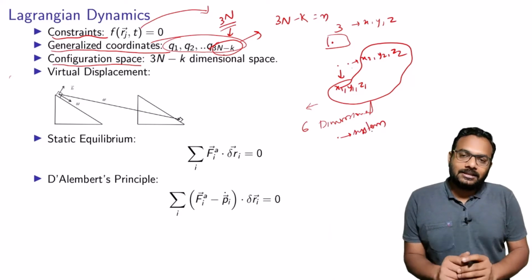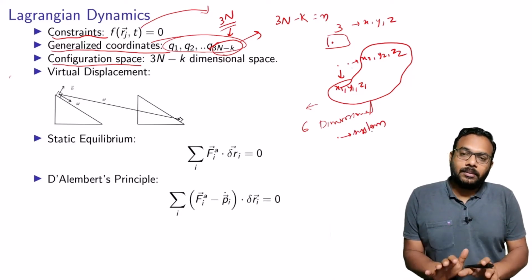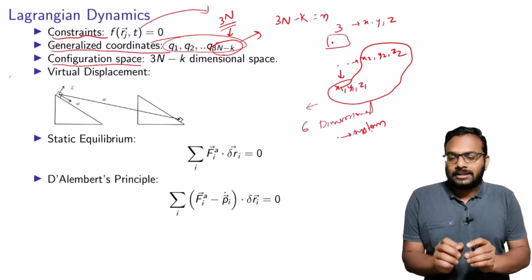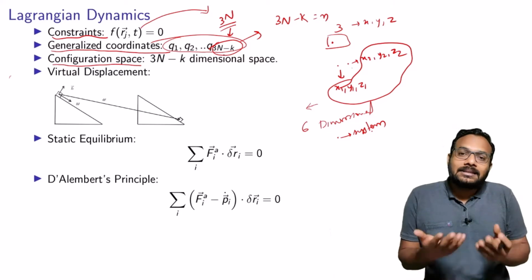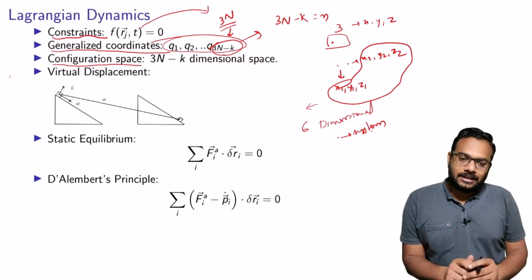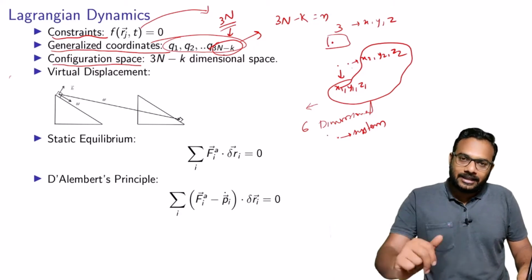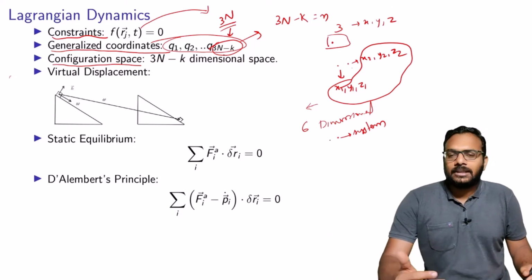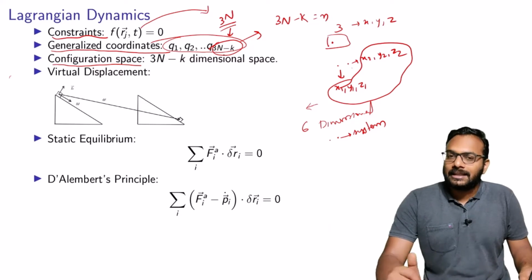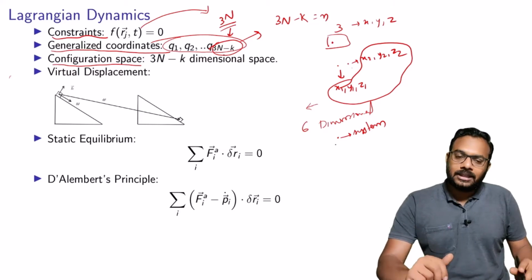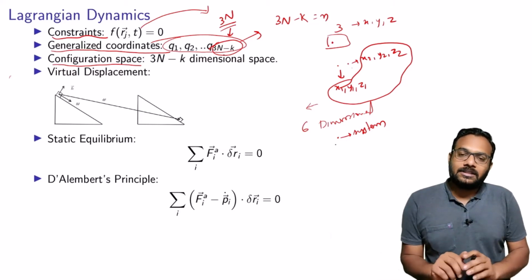Each point in this configuration space corresponds to a particular configuration of the entire n particle system. So each point in configuration space represents the system completely, because in order to specify this point in the 3n minus k dimensional configuration space, you need 3n minus k numbers, or 3n minus k coordinates. Once you specify this system point in configuration space, it completely specifies the configuration of the system.